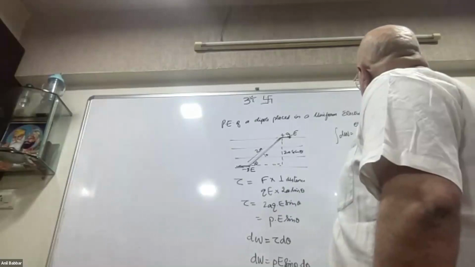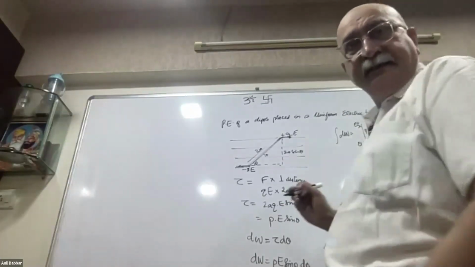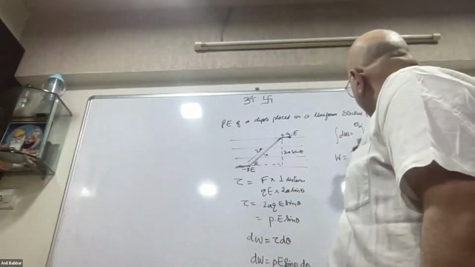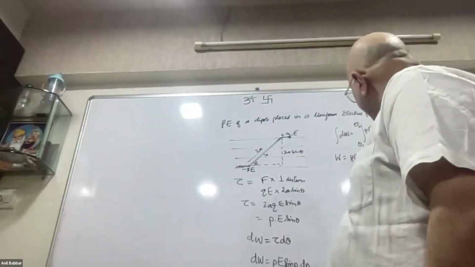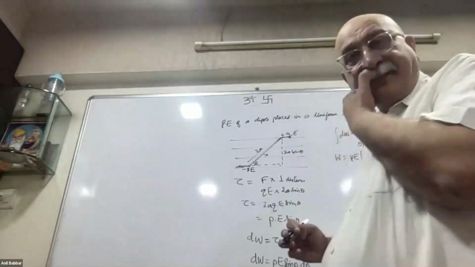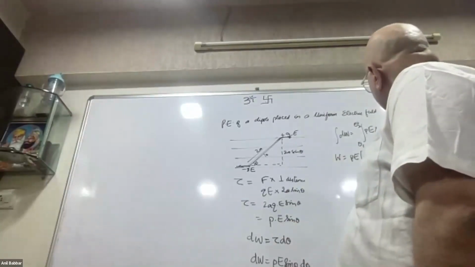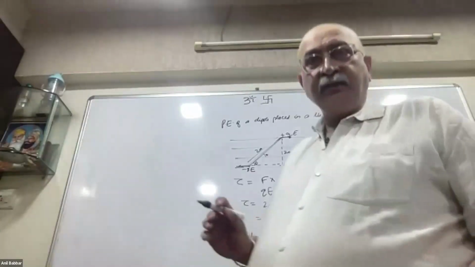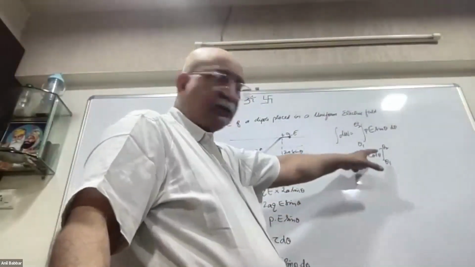The integration of sin theta is minus cos theta, and p and E are constant, so W is pE times minus cos theta from theta 1 to theta 2.